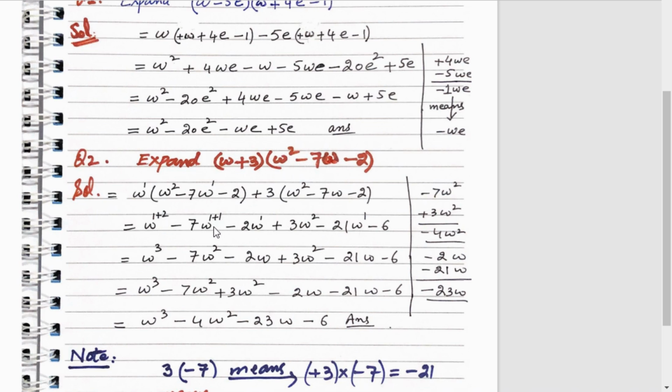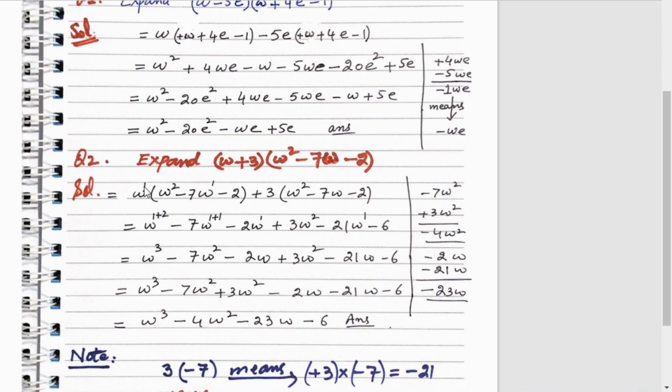Now in the third step, we are multiplying them actually. I have shown power over the same variable so that it is more clear how we will multiply same variables and what will happen with the powers.